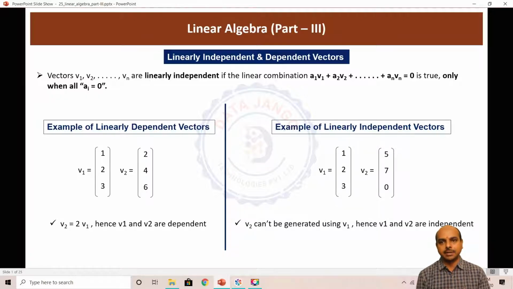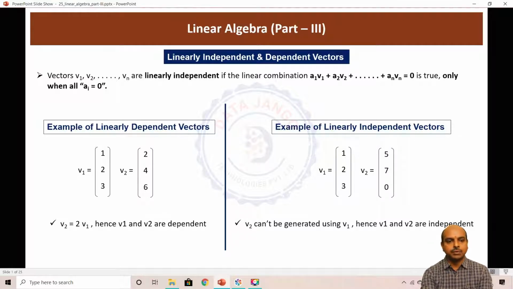That is linearly independent. If you want to simply understand as a layman, if you look at these two vectors, v1 is 1, 2, 3 and v2 is 2, 4, 6. You can clearly see that v2 is equal to 2 into v1. If the vectors are like this, then we can say they are dependent.